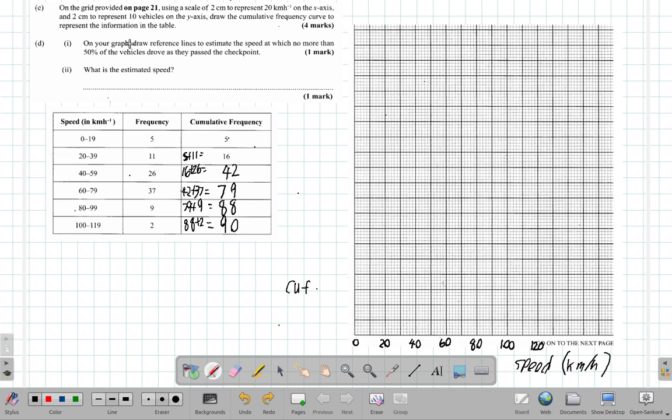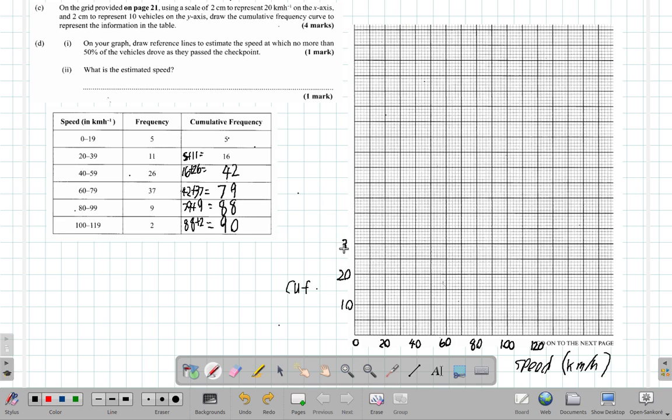The values on the y-axis now. It says 2 centimeters to represent 10 vehicles on the y-axis. We start at 0 vehicles, goes up 1 centimeter, 2 centimeters, to represent 10 vehicles. So this is 10 right here. 1 centimeter, 2 centimeters, 10 more, giving you 20.